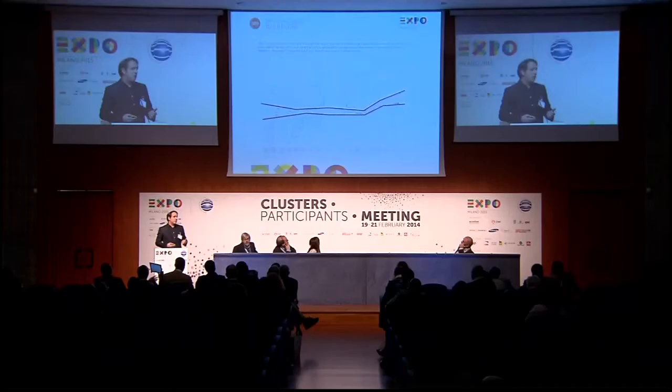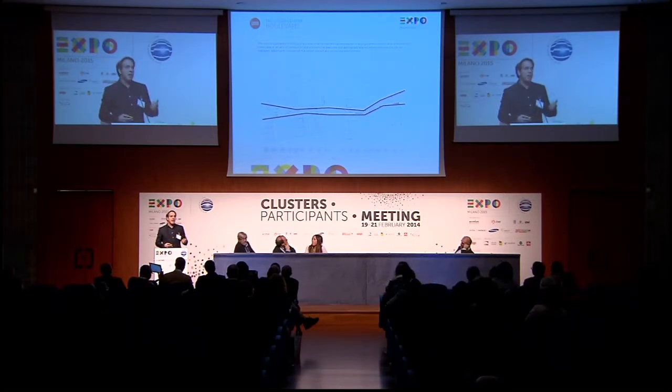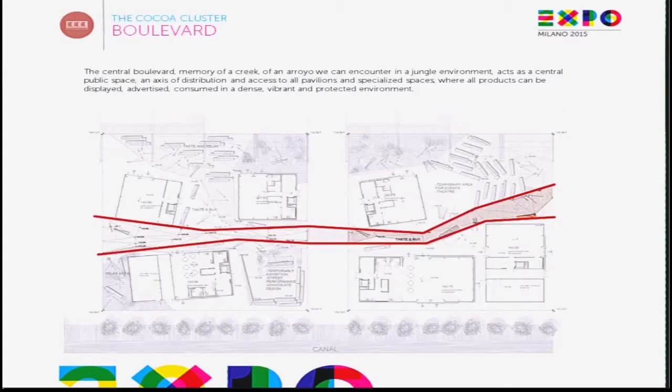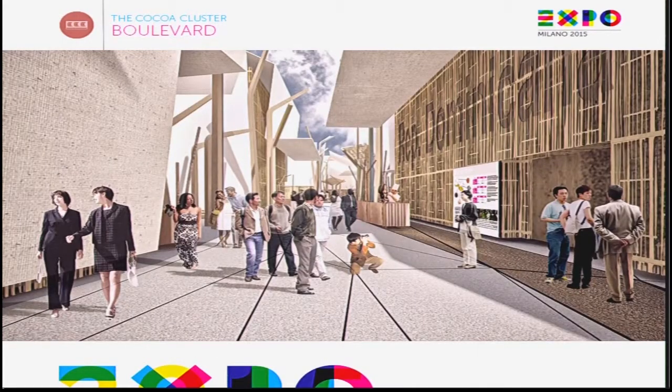This area is especially important because it's where all the products can be displayed, advertised, sold, consumed, and of course shown in a very dense, very vibrant environment. This could be an image of what the central boulevard should be at the end, a place where people interact in a very free way.